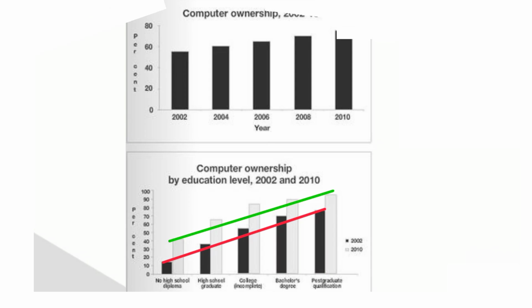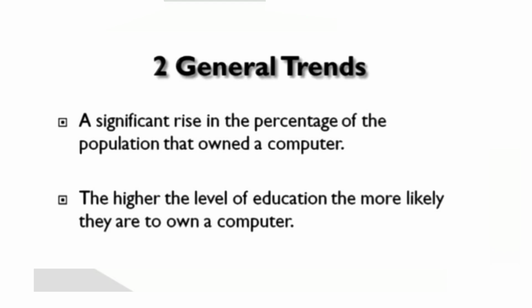So, here are the two general trends for this graph. A significant rise in the percentage of population that owned a computer. This key feature is selected from graph 1. And the next one is the higher the level of education, the more likely they are to own a computer. This key feature is selected from graph 2.